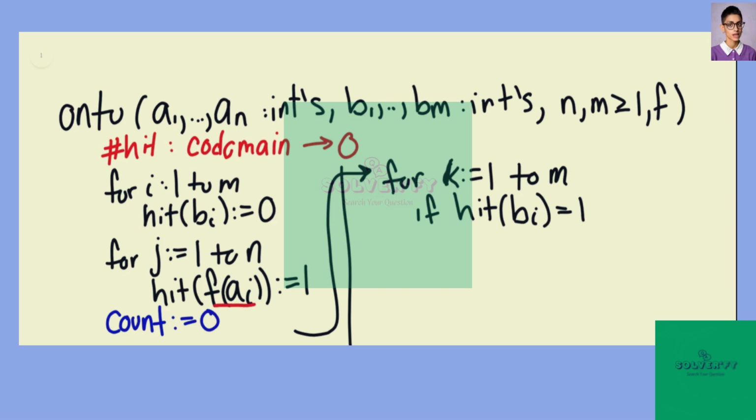Okay, so then since we're trying to count where that's the case, then we'll want to increase our counter. So then count we can reset to itself plus 1 so that it continues to increase.